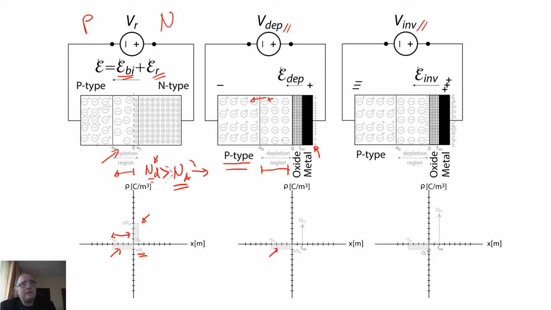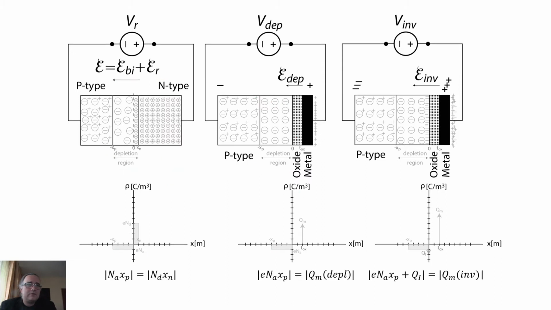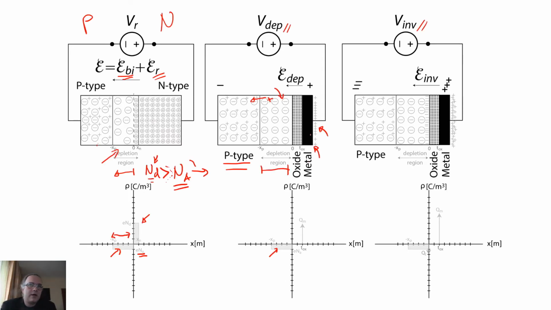And this negative charge here in the depletion region, this space charge, is actually balanced on the other plate of the metal terminal by positive charge. Since this is metal, the concentration of charges is of course very high. So this is the reason why this positive charge is positioned in a very thin layer. It's not space charge.